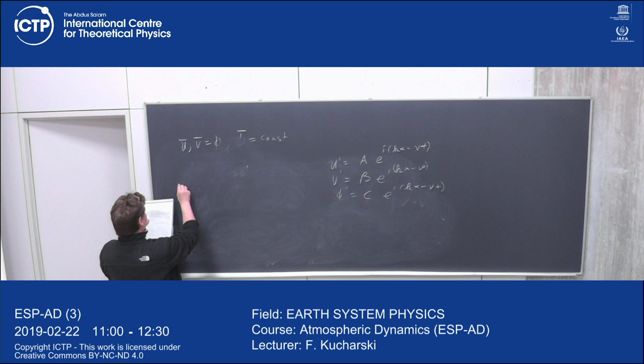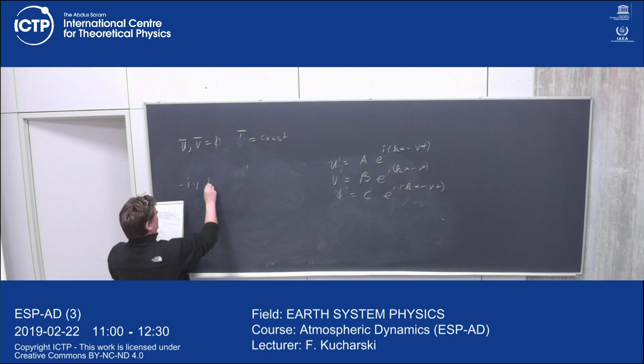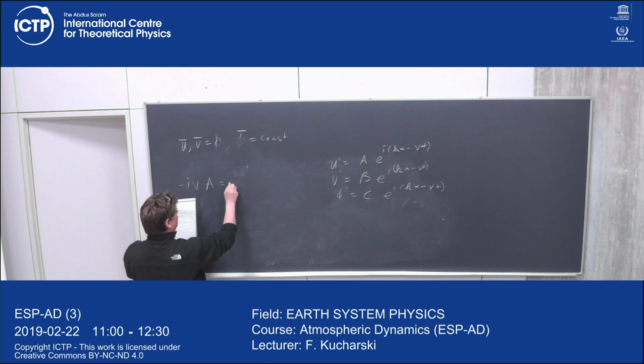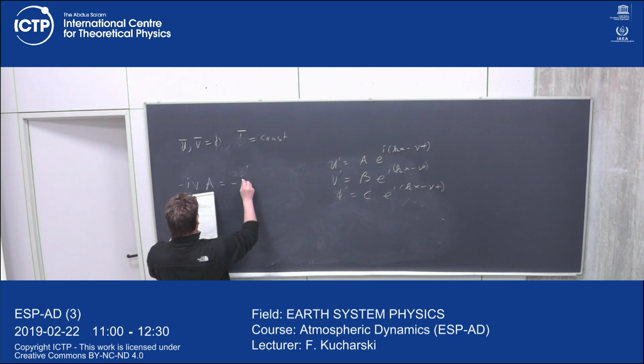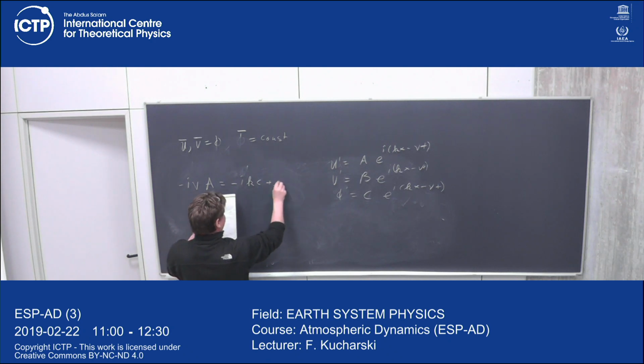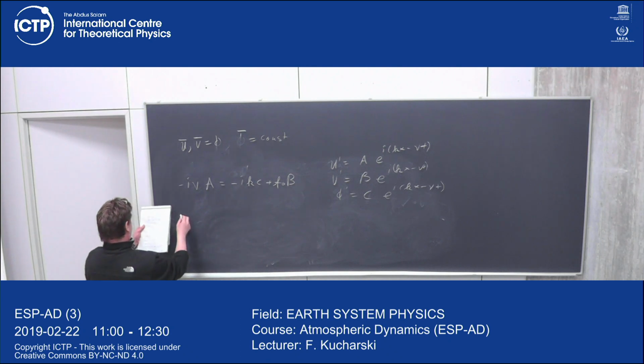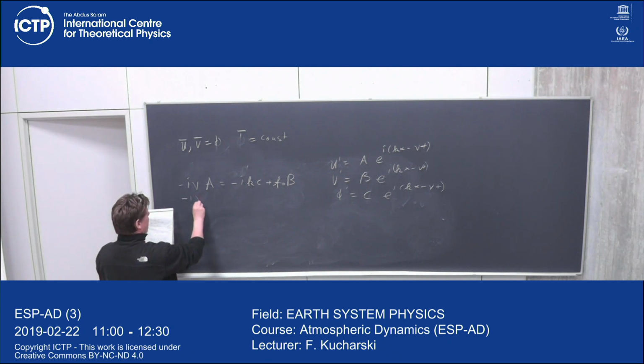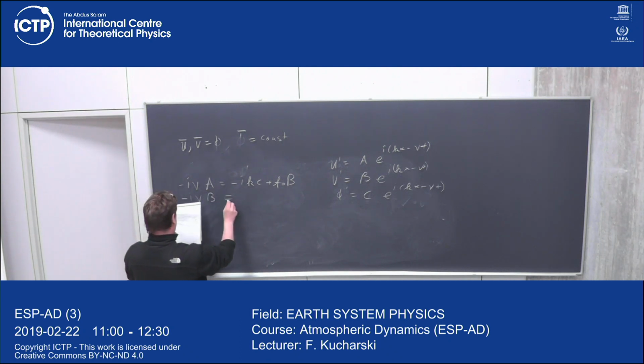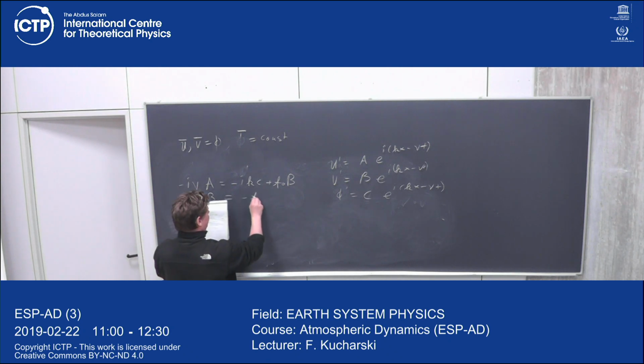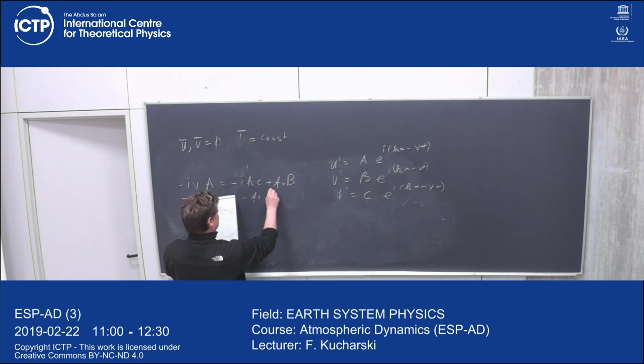The time derivative always gives minus i nu A equals minus i k C plus beta times B, and then we get minus i nu B equals minus f times A.